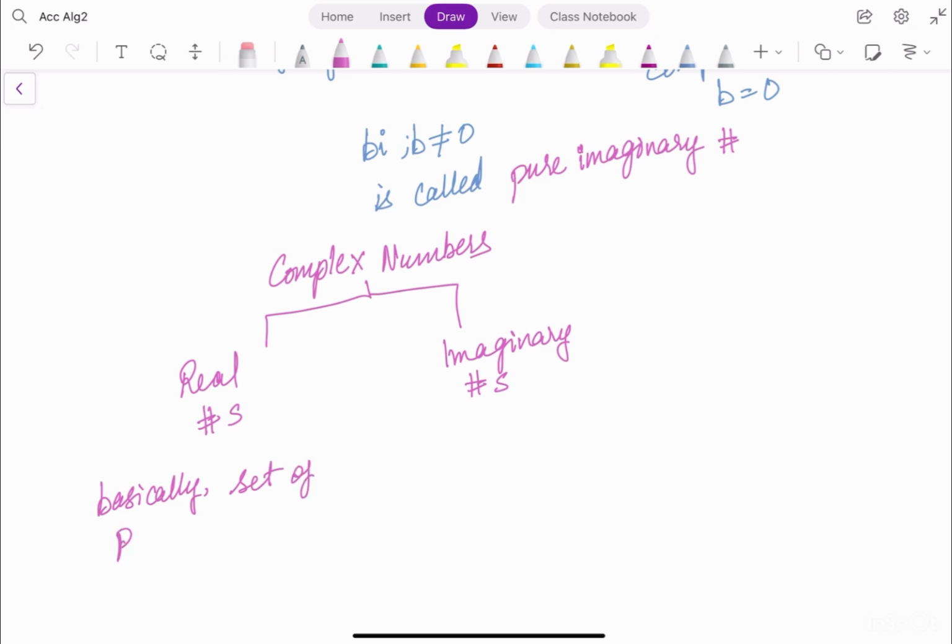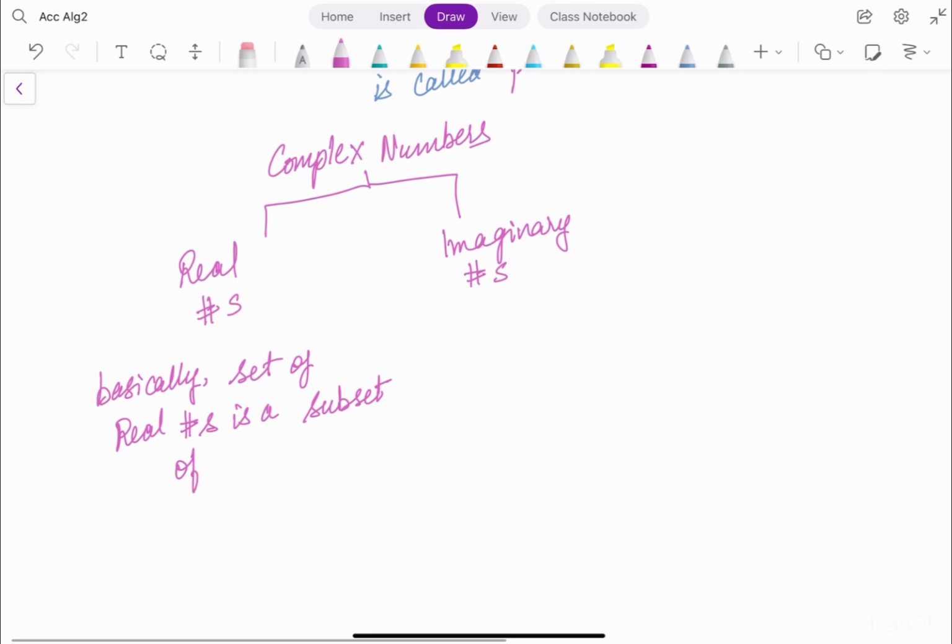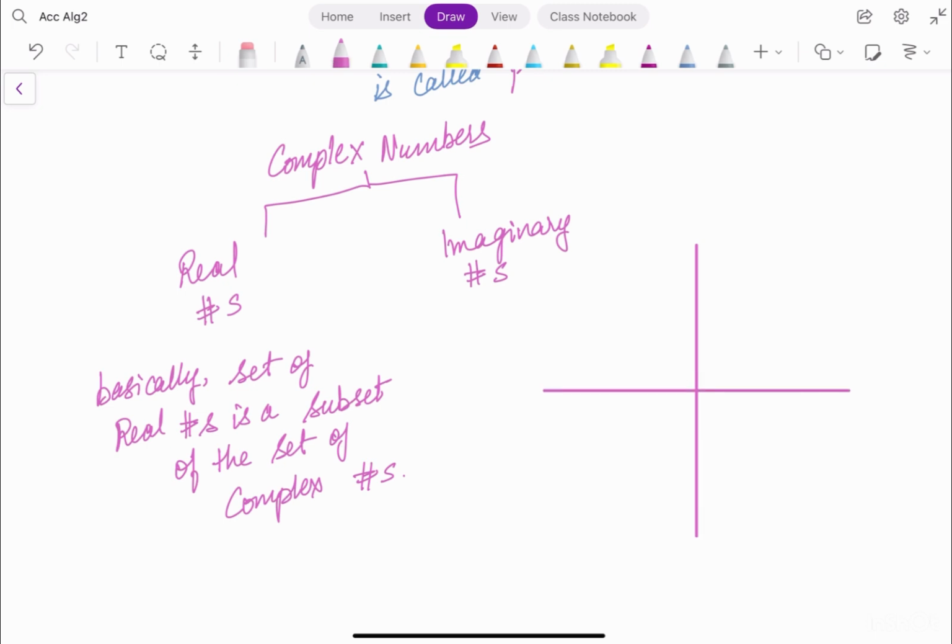So real numbers and imaginary numbers. The set of real numbers is a subset of the set of complex numbers, just like imaginary numbers are a subset of complex numbers. So complex number is a big umbrella.